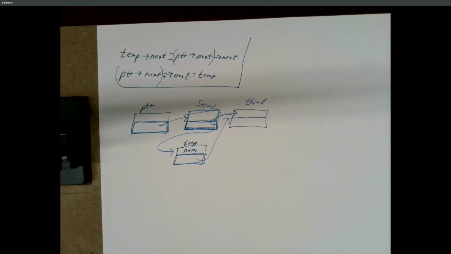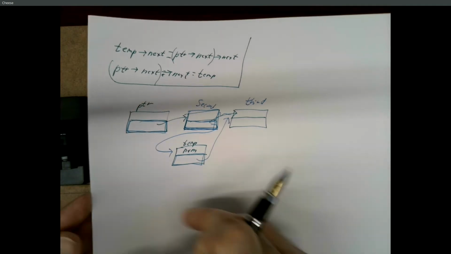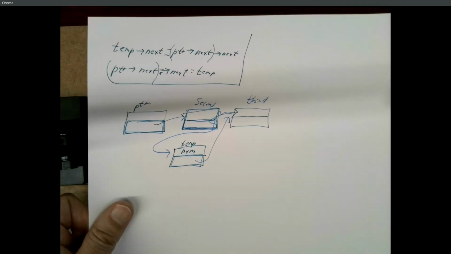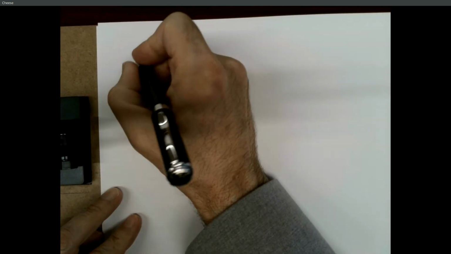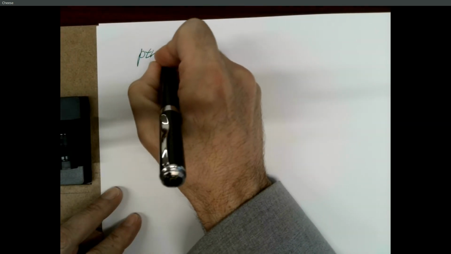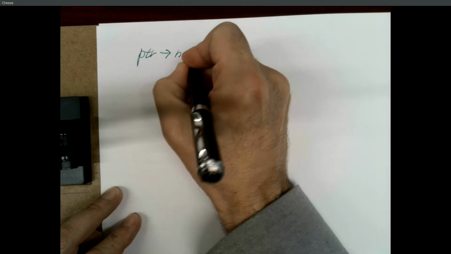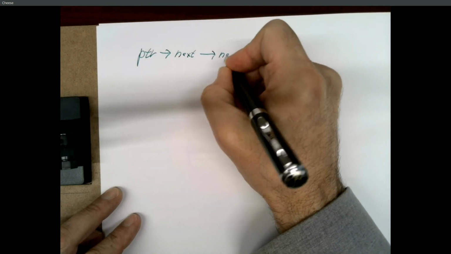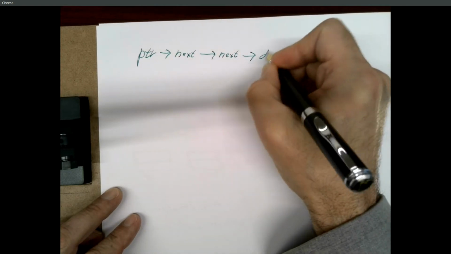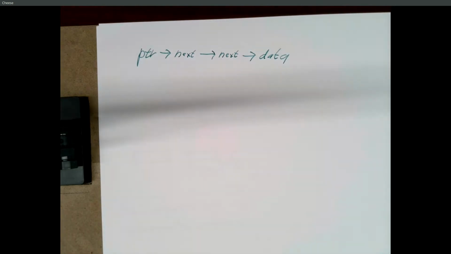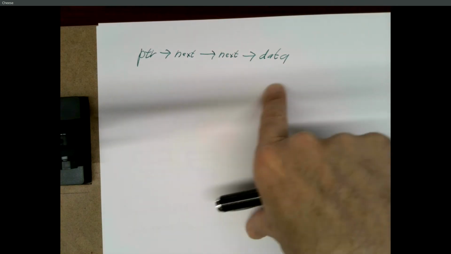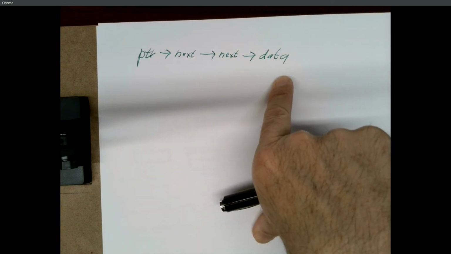This is also the reason that we have this arrow notation, because suppose I want to say take the thing that PTR points to, take the thing that that points to, and give me the data field. Okay, PTR is our first node, this is our second, third, this is the data field of the third node.